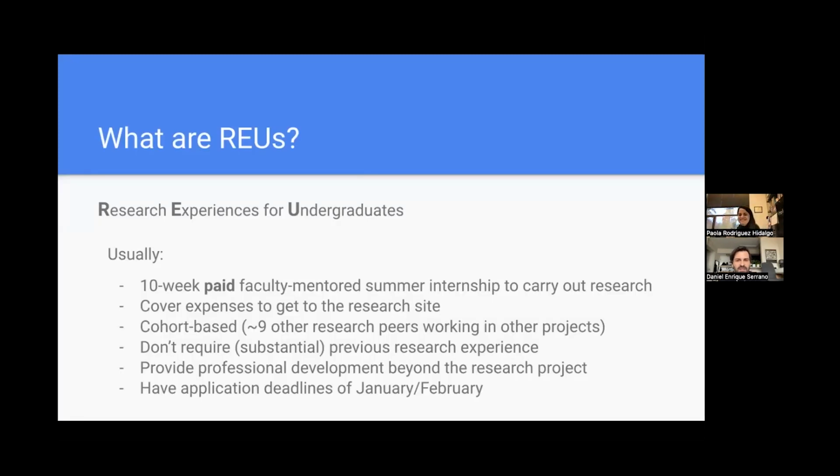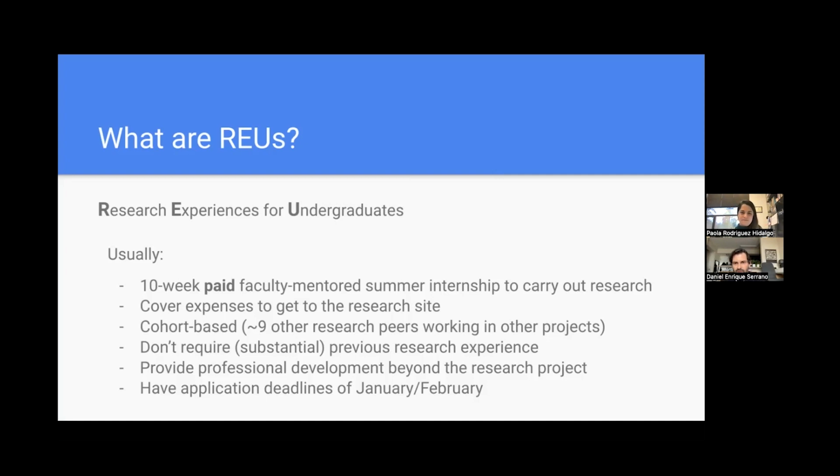So let's first get started by talking about what REUs are, in case you're not familiar. REU stands for Research Experience for Undergraduates, and these usually are a 10-week paid, faculty-mentored summer internship for you to get some experience doing research. Typically, they cover expenses so that you can actually get to the research site.